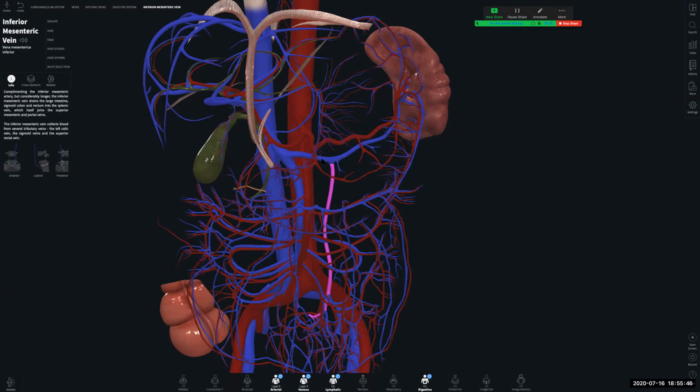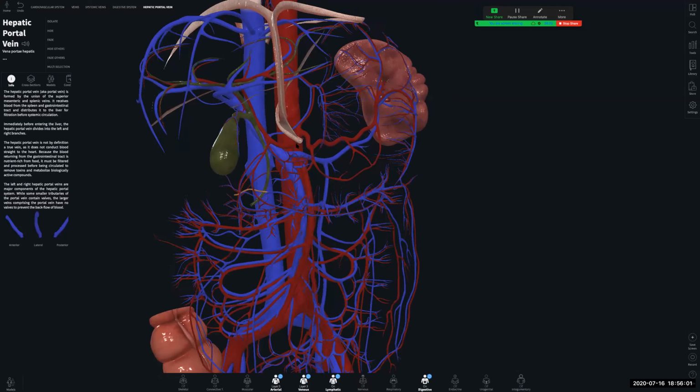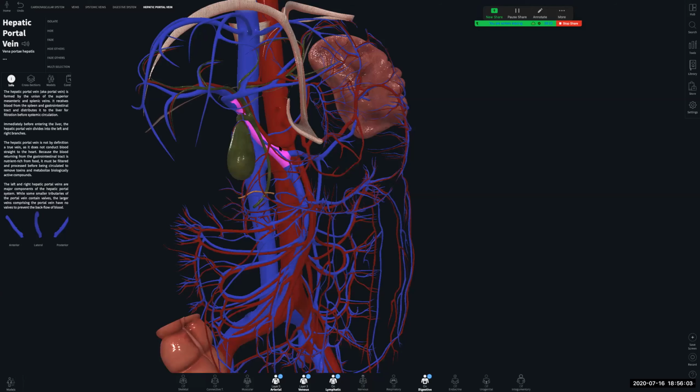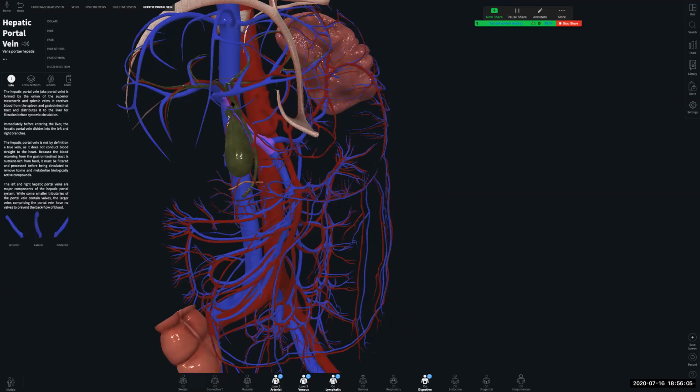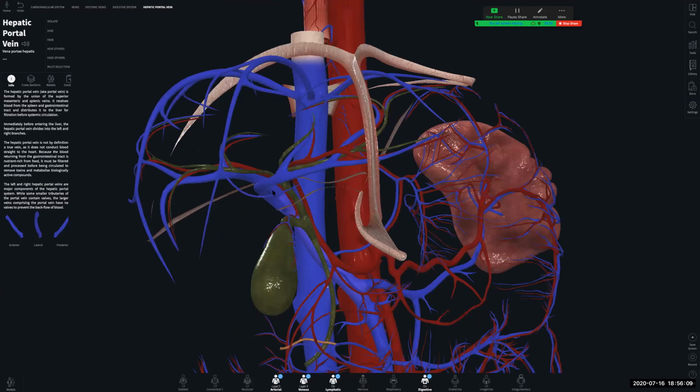The two then continue as a splenic vein, and then joining the superior mesenteric vein, they become the hepatic portal vein. The hepatic portal vein brings that blood with nutrients as well as toxins into the liver.